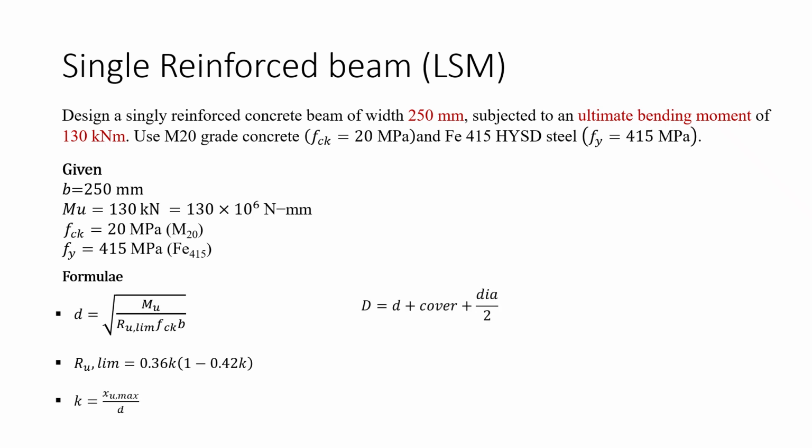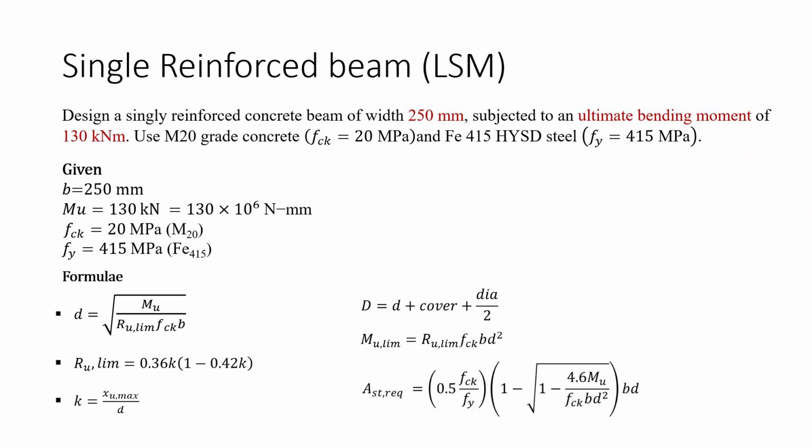Then once we have found out the effective depth, we need to figure out what is the overall depth, that is given using the formula effective depth plus cover plus half of the diameter considered. Then once we have found out the overall depth, we need to find out what is my ultimate limiting moment of resistance, which is given by the same equation Ru limit into fck into b d square.